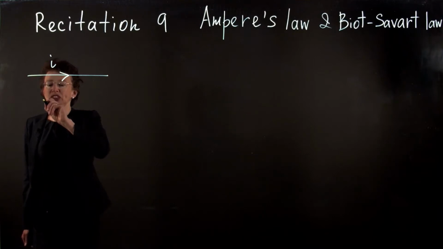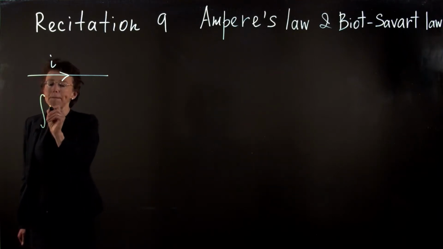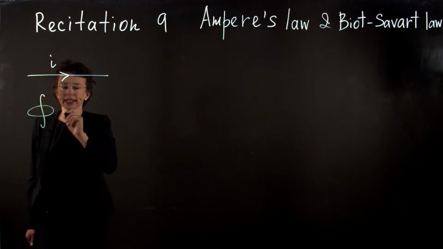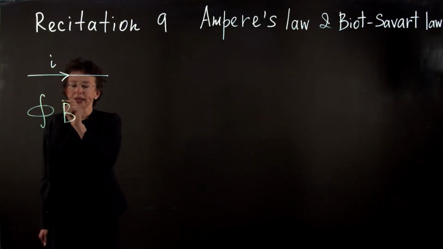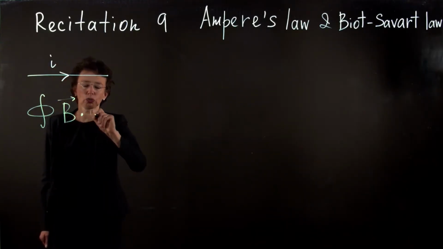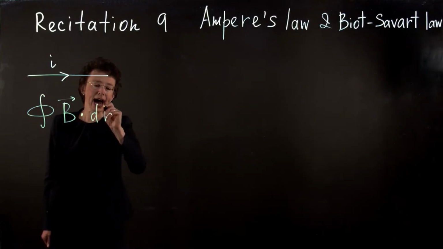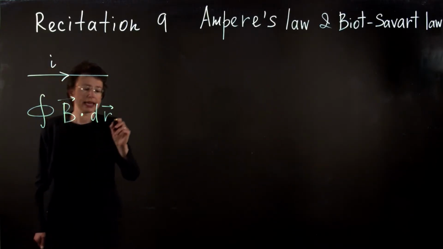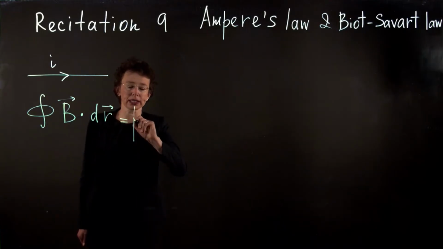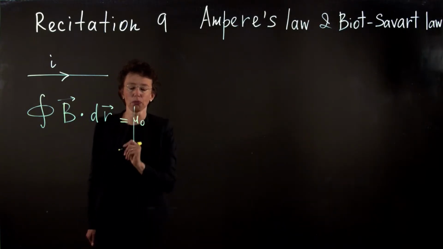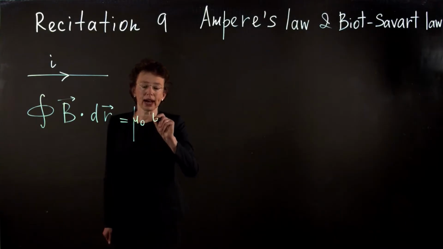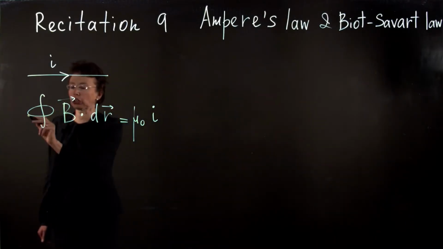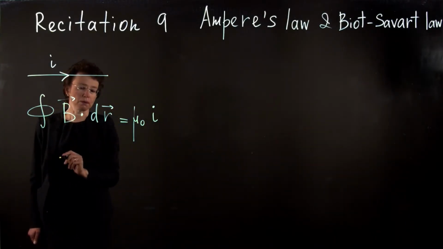We will start with the fundamental law, Ampere's law, that tells us the magnetic field B dot product dr around a closed loop is equal to a constant that we will call mu naught times the current enclosed by this loop.